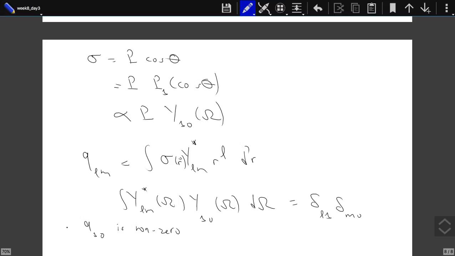Method of images, separation of variables. Yes, are you interested in any particular one? With or without dielectric? Okay, which problem?